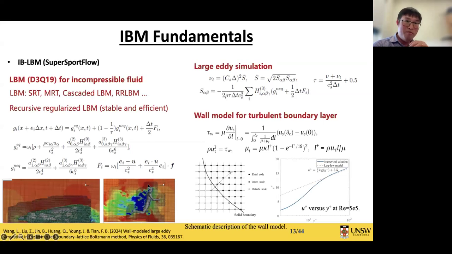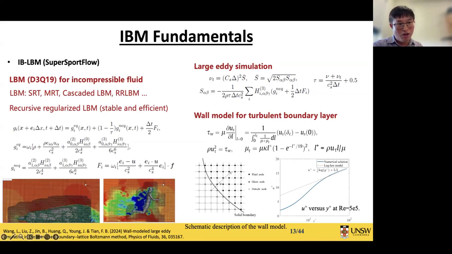And we also implement the IB-LBM, immersed boundary method in lattice Boltzmann method, for example, here. And we apply different lattice Boltzmann models, including single relaxation time, multiple relaxation time, and lots of other models, as shown here.